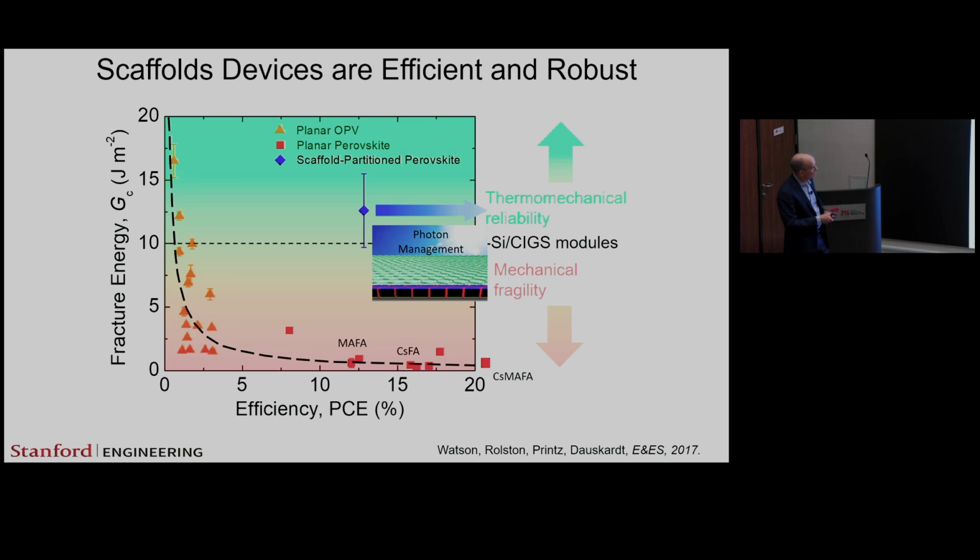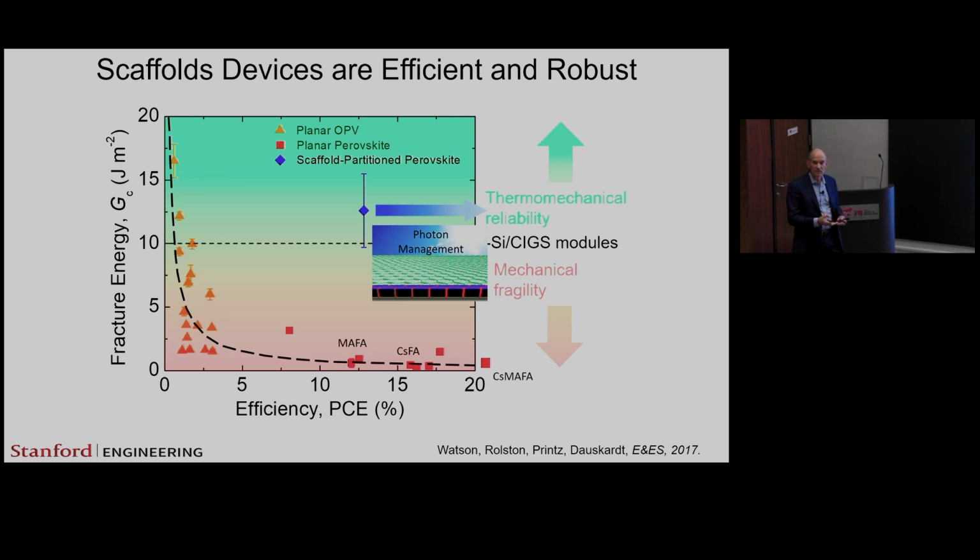So here are perovskite cells. This is the fracture energy, the mechanical stability, as a function of efficiency. You can see here higher efficiencies for perovskite cells, but lousy mechanical stability. With OPV, you can get much better.